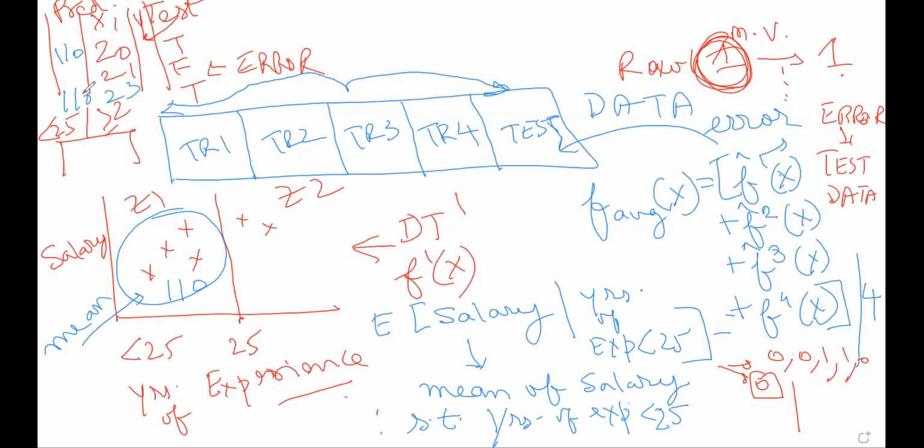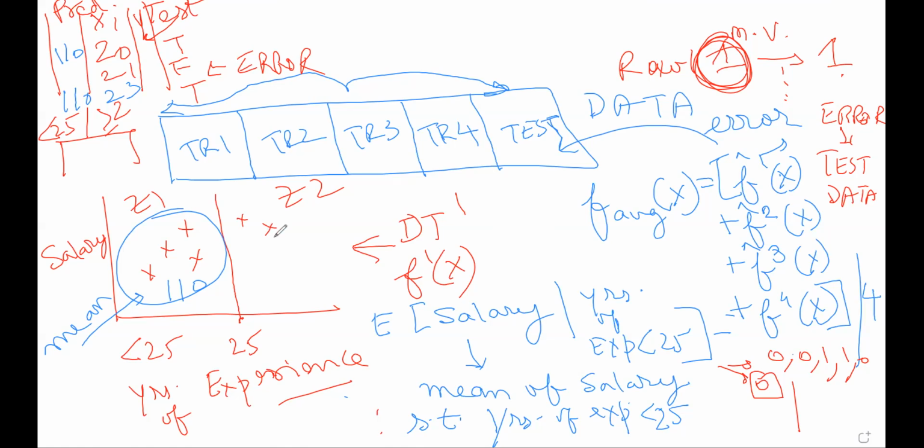Because for anything less than 25, I am predicting the conditional mean of salary for which the years of experience is less than 25, and that comes out to be 110. Is it okay? Did you follow this? Okay. So far, so good.